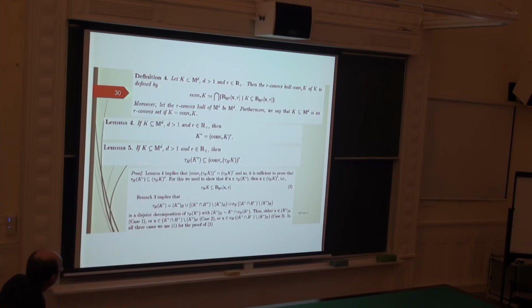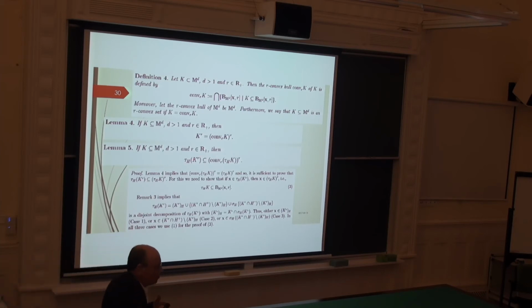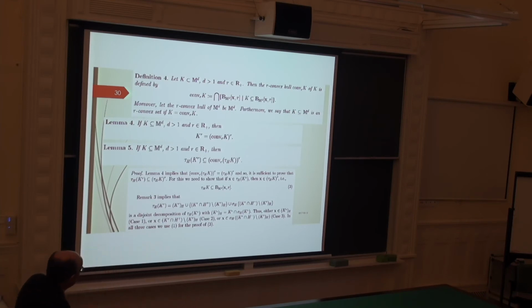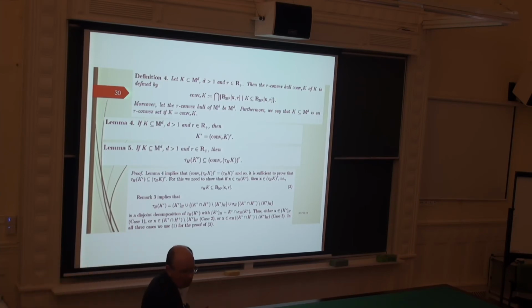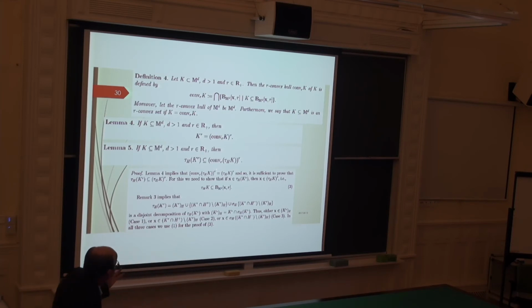And the key for the proof of our theorem is here. This is lemma 5. This says why two-point symmetrization is a good idea to bring forward here. Namely, I have a K, and its R-dual is there with some volume. Now I want to do something to K such that I increase the volume of the R-dual. How do I go about this? I take the two-point symmetrization of K. Well, I can also take its R-convex hull and take the R-dual.